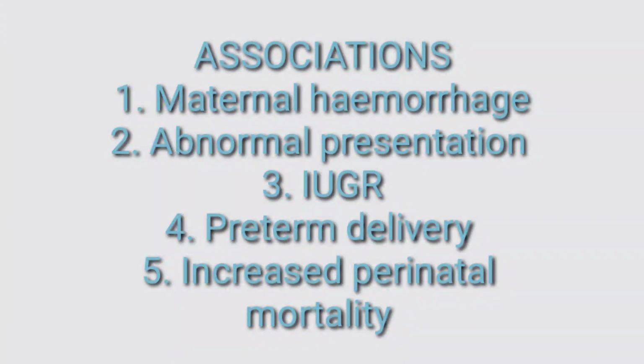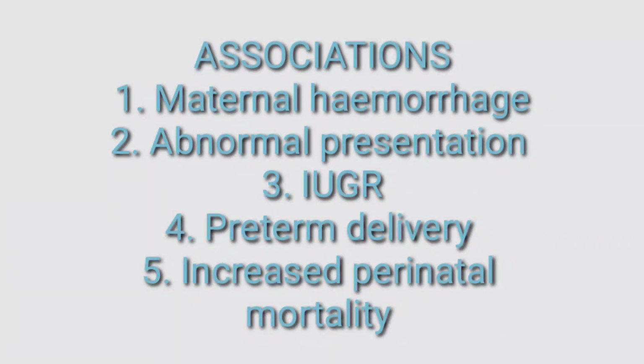The first one is maternal hemorrhage. If there is a history of maternal hemorrhage, that is a cause or association of placenta previa. If there is any abnormal presentation, that is also a consideration for placenta previa.